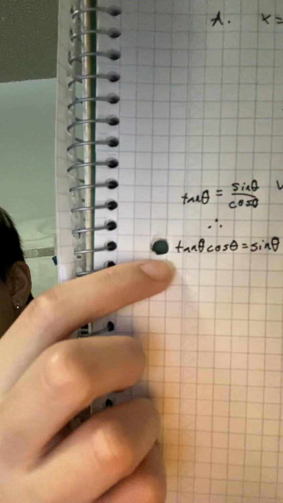From here, you need to move over to the side and define that tangent theta is equivalent to sine theta over cosine theta, and therefore, using algebra, you're able to define tangent theta times cosine theta is equivalent to sine theta, as follows.